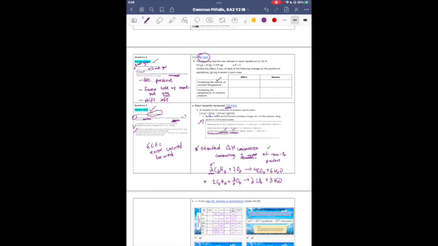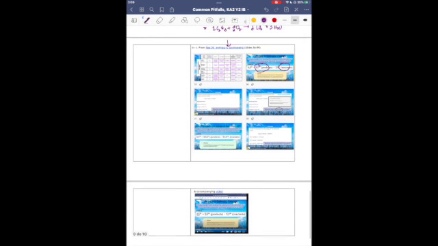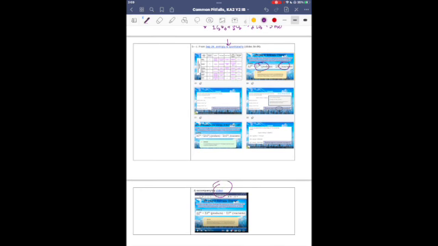All right, B, delta S. Calculating delta S. Delta S is products minus reactants, the sum of the standard entropies of the products minus the standard entropies of the reactants. We saw that here in the slides. I also showed you that in a video.